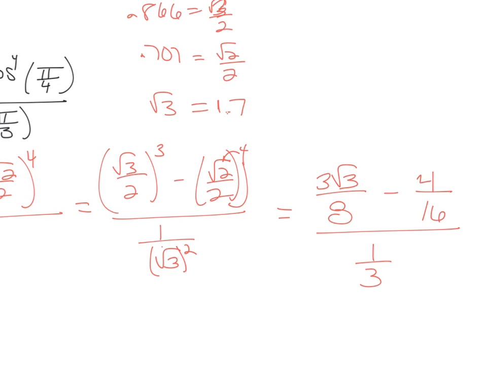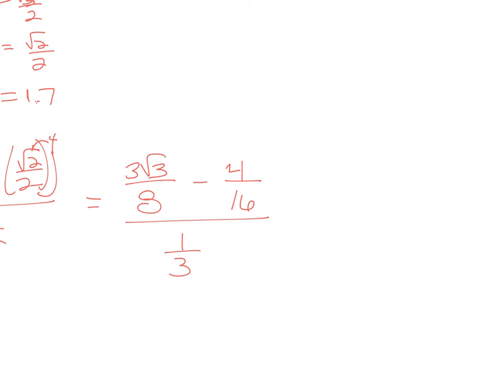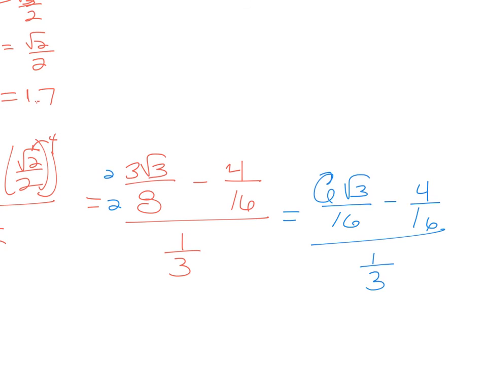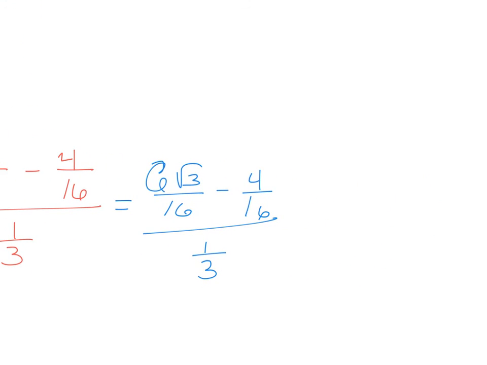Now what I suggest doing is cleaning up the top, and you're going to do that by multiplying this by 2 over 2. So you get a common denominator, so you get 6 radical 3 over 16 minus 4 over 16, over 1/3. Combine the numerators, so you have 6 radical 3 minus 4 all over 16 all over 1/3.